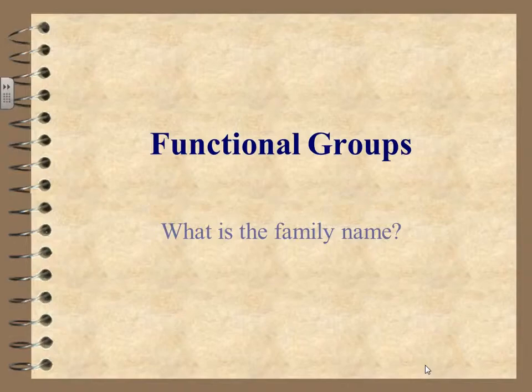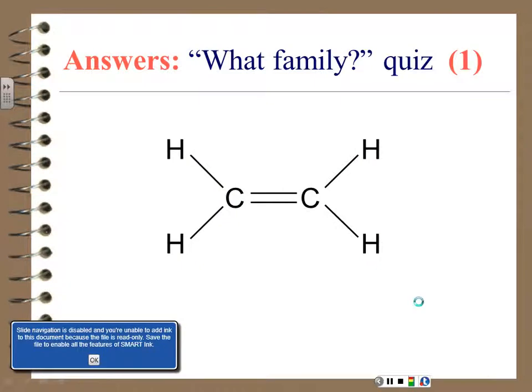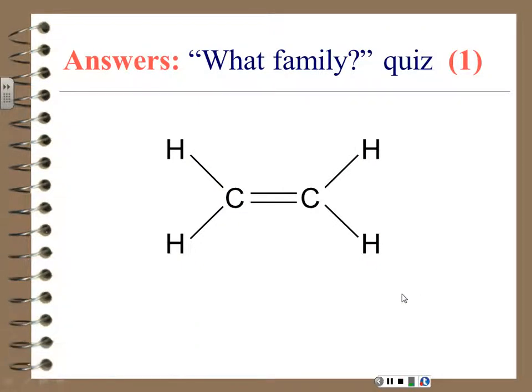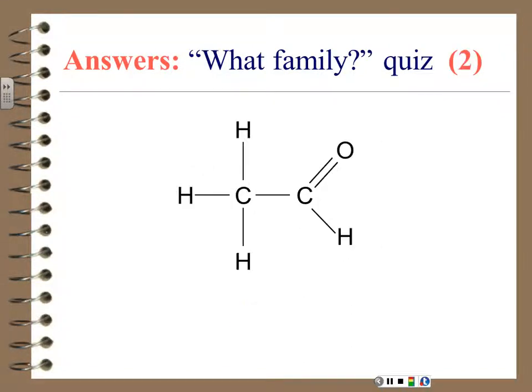Let's start with a simple thing so that at least it will be easy for you. Now, when you look into this, what family is it? You already know this. There is a carbon-carbon double bond. Correct. It's an alkene. So what you do is go to the slide, see the structure, think what's the name. If you don't know the name, look into the book. Then hit the downward arrow so you'll see the name.